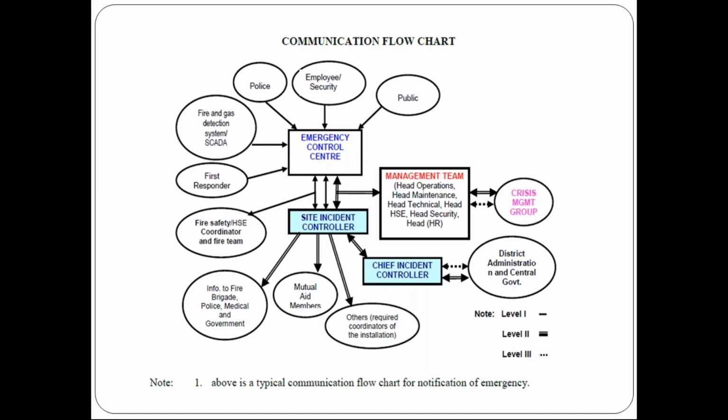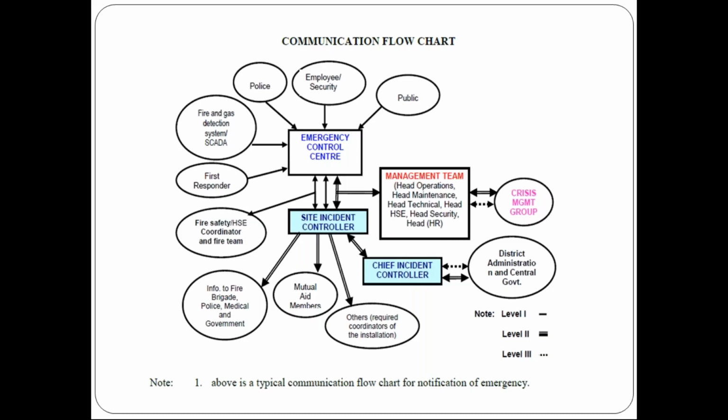They receive the information. This is what we call the first information about the situation or unplanned event. Then from the emergency control center, the message goes to the site incident controller, and depending on the level of emergency, further communication takes place.